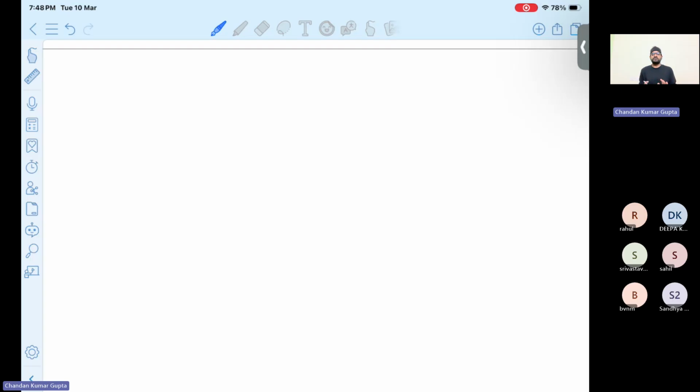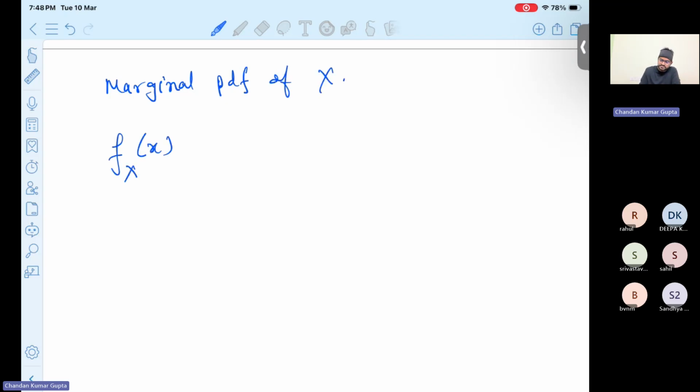Okay, so we have constructed this joint PDF. Now the next step is to find the marginal PDF. The marginal PDF of x is like this. Then we are going to calculate the marginal PDF, that means what?